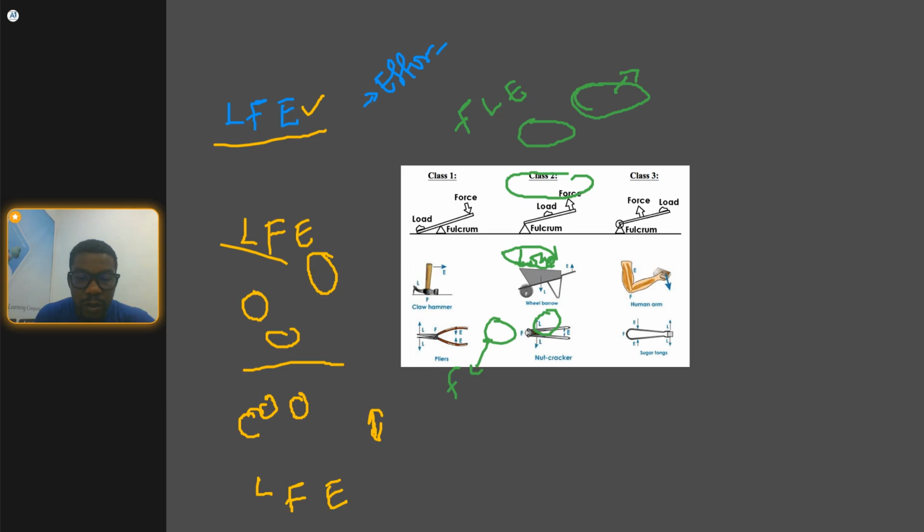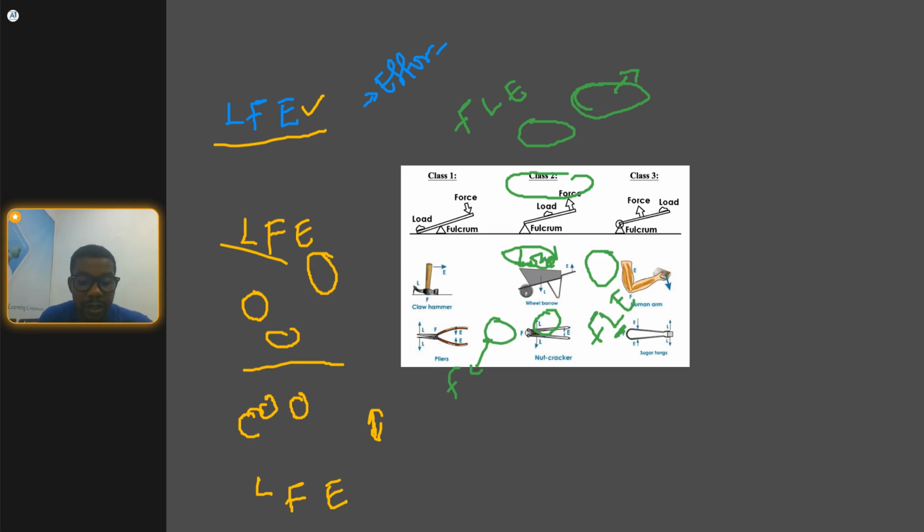The effort. So we have the acronym F, L, E. The load is in between the fulcrum and the effort.